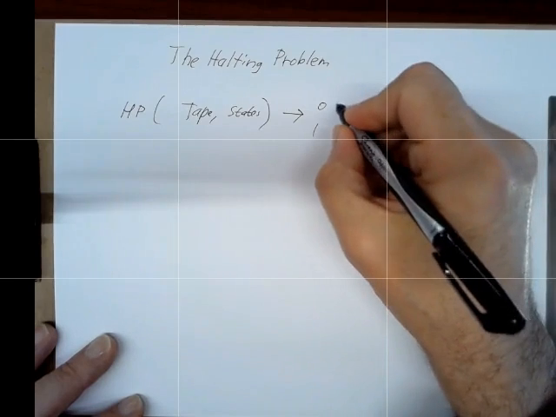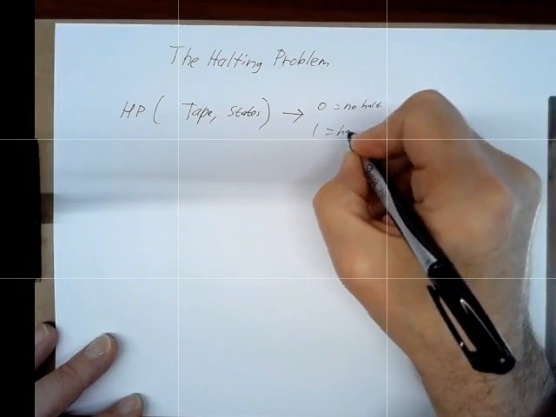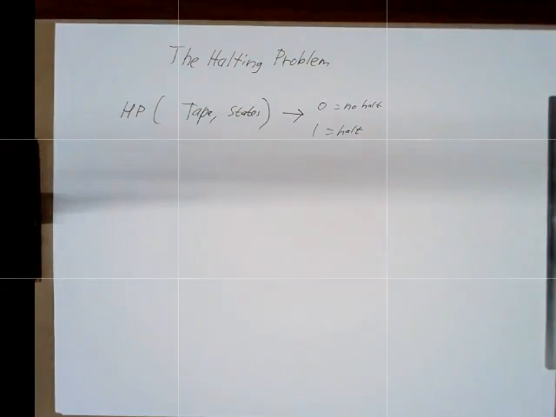So 0 equals, let's say, no halt, and 1 equals halt. So it's an analysis question.